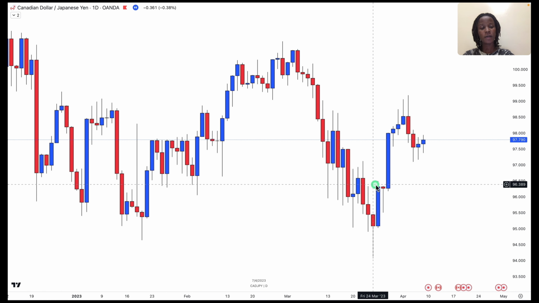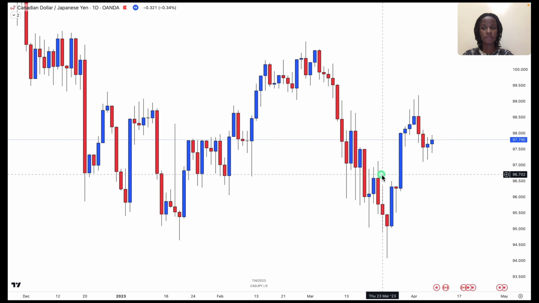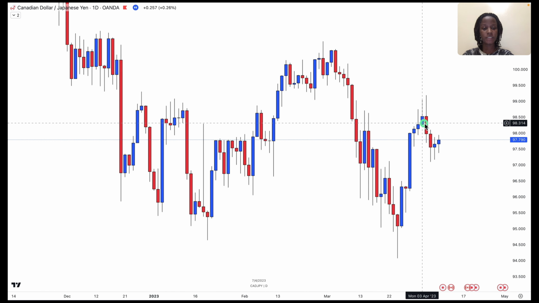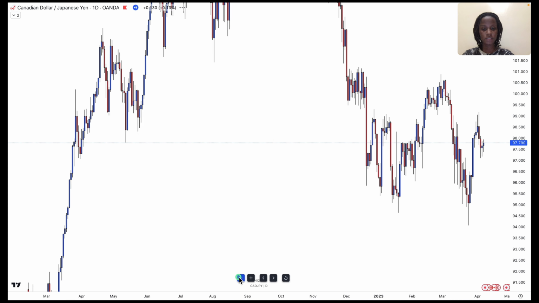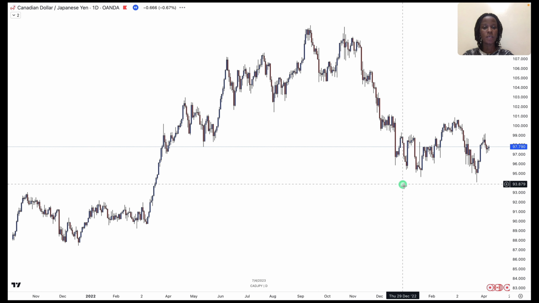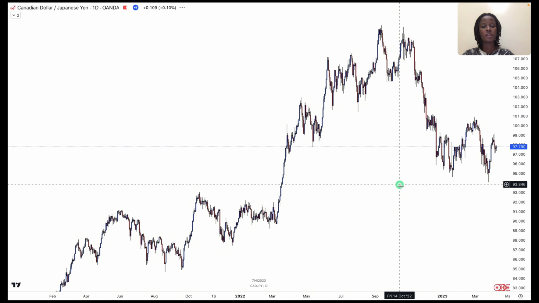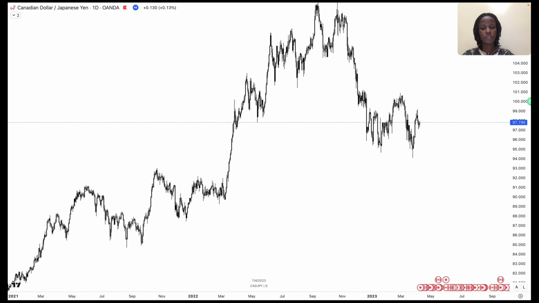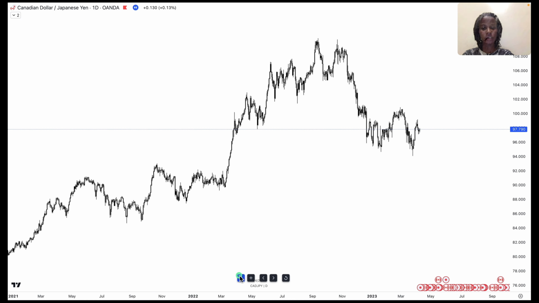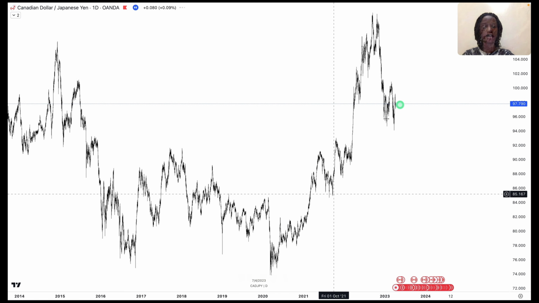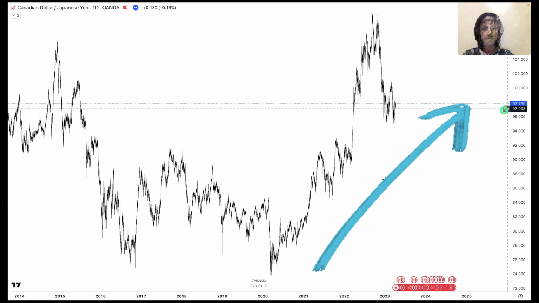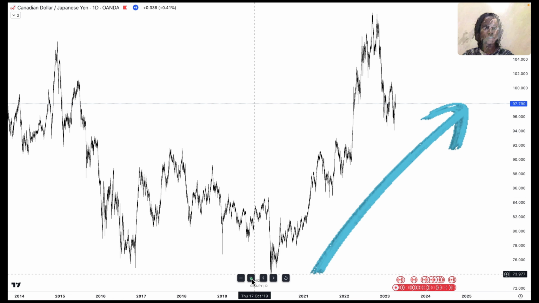Remember, since January of this year, as you can see in the other backtesting videos that I've released, we are still bullish on this CADJPY pair, because what I look at is the main trend, the long-term trend, and not the short-term trend. If you zoom out in the chart, you can see we are very much bullish, and that's what I base on.